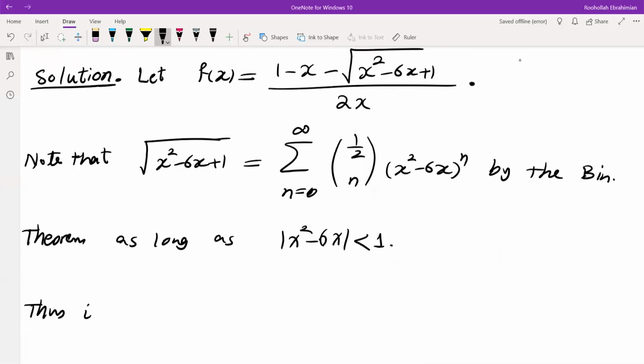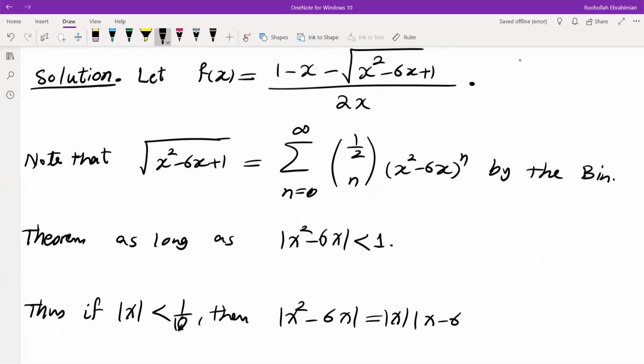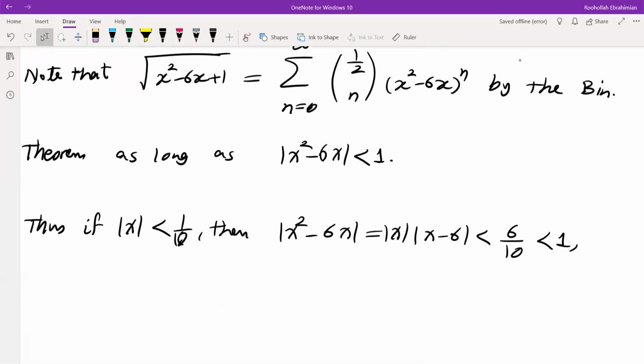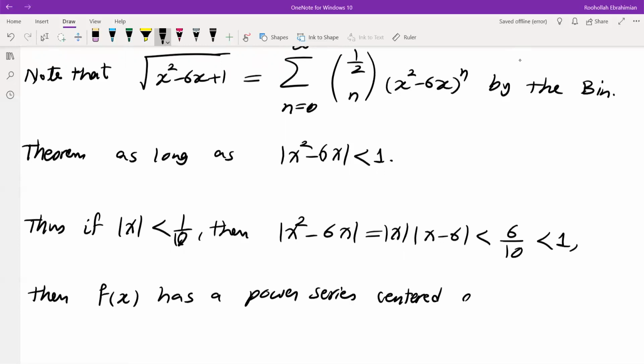Thus, if the absolute value of x is less than 1/10, then the absolute value of x squared minus 6x, which is the absolute value of x times x minus 6, is less than 6/10, which is less than 1, then f of x has a power series centered at 0.